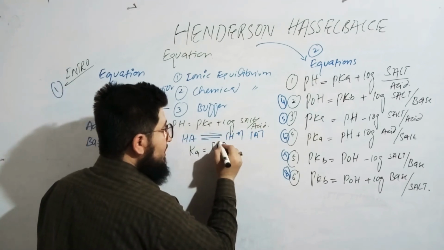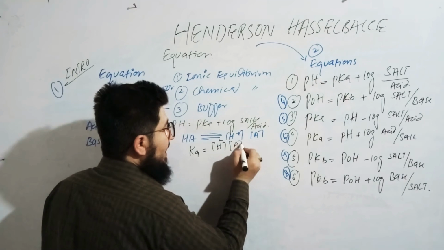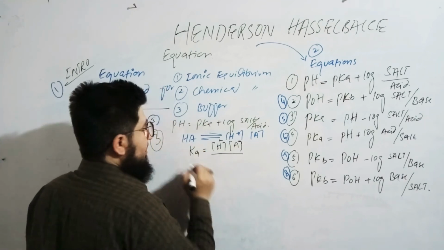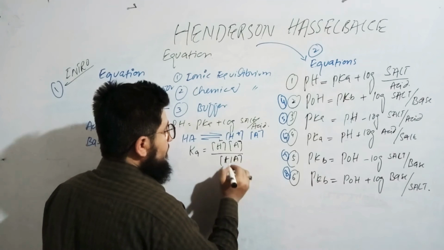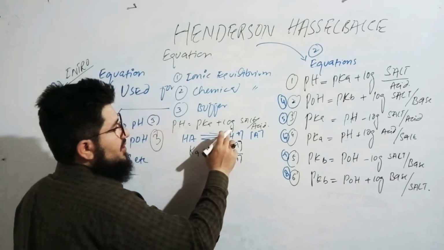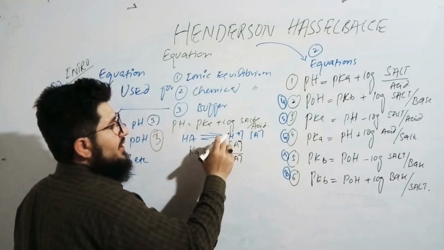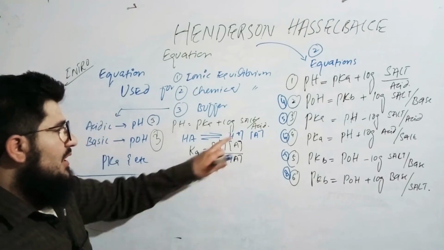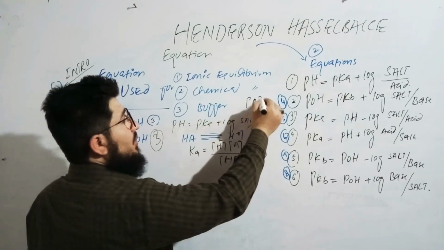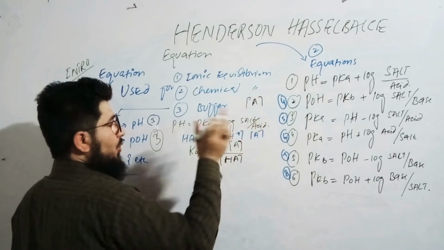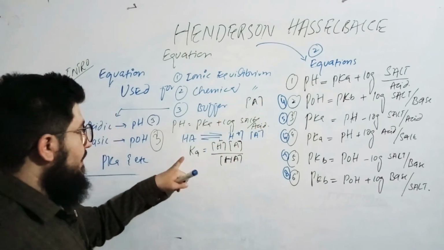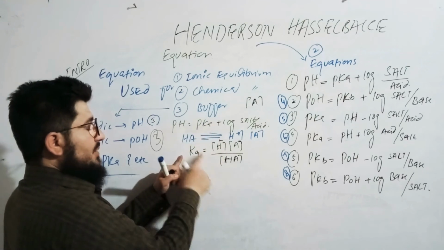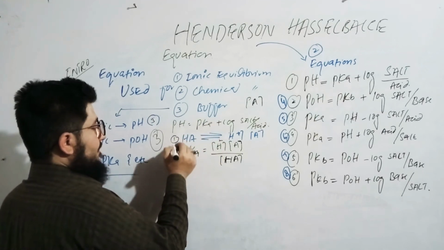Now take the product and divide it by the concentration of the reactant, HA. Sometimes in some textbooks the term concentration is not mentioned. Anyways, this is the equation, and this is the second step of the derivation: reaction is step number one, and this is step number two.